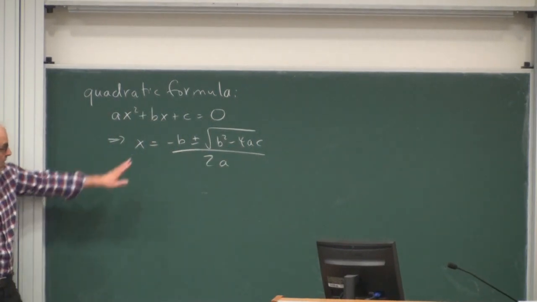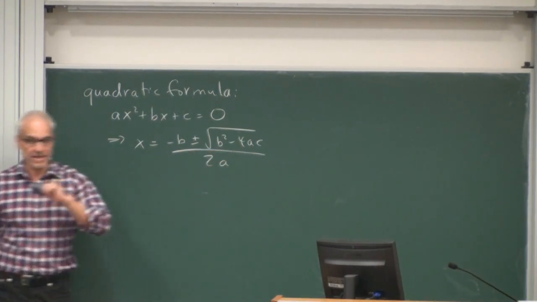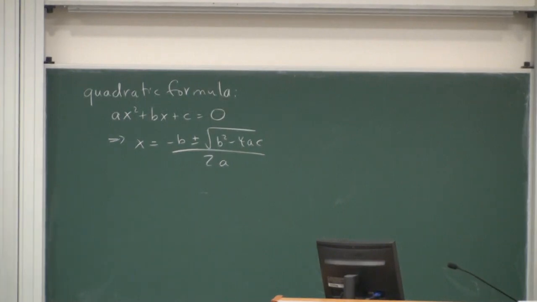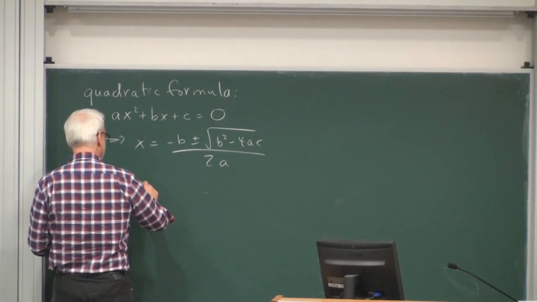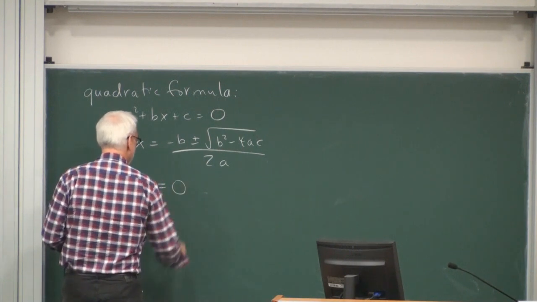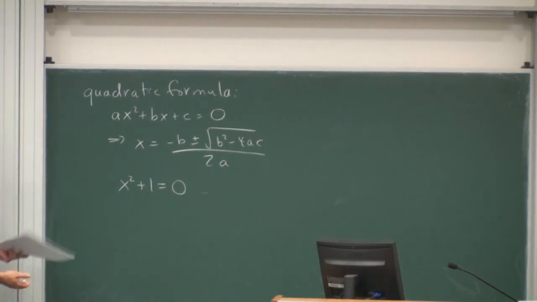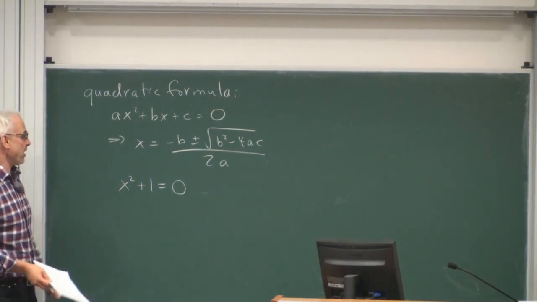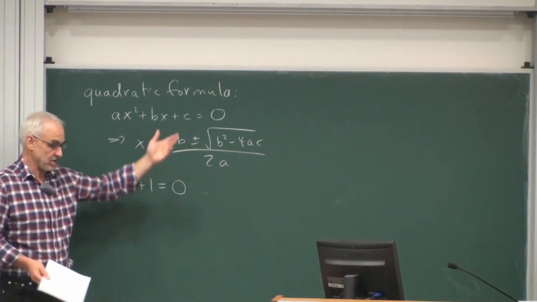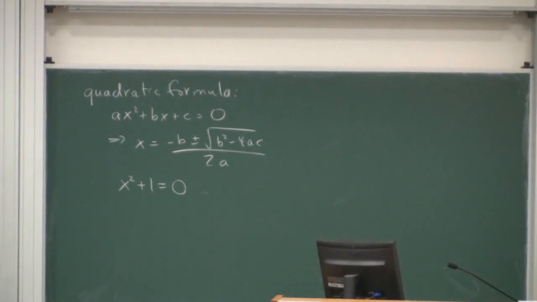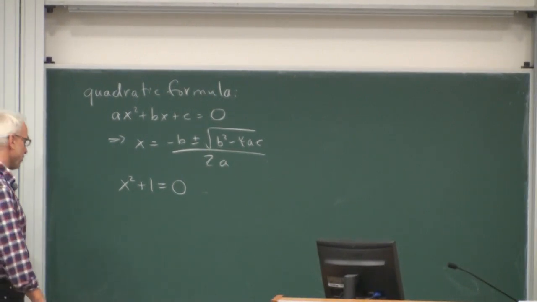And of course, when this b squared minus 4ac, the discriminant of the equation, is negative, then what's inside here is something like a square root of minus 1. So for example, if you have an equation like x squared plus 1 equals 0, or a more general quadratic equation, the quadratic formula gives you something that suggests that there should be a square root of a negative number. But generally, people didn't have a reason for considering such solutions.